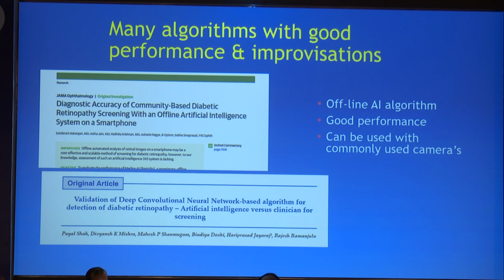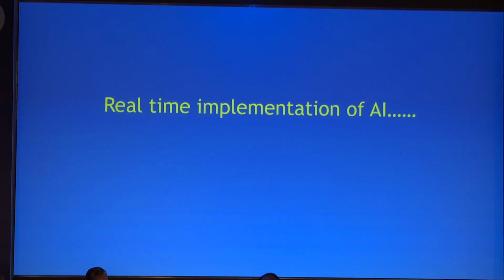Today you have a huge number of AI algorithms out there in the market. Some are certified, some are not. But what I'm trying to tell you is, AI is here to stay, not just for diabetic retinopathy; it's going to come for glaucoma, AMD, and many other conditions.